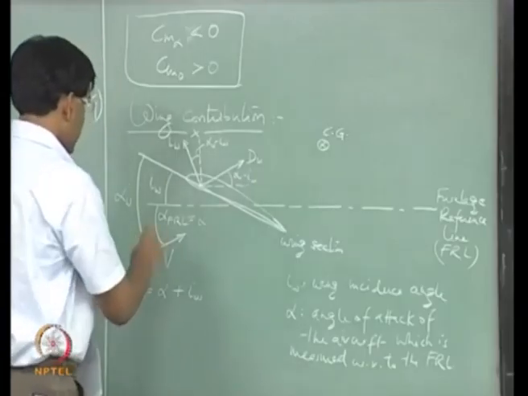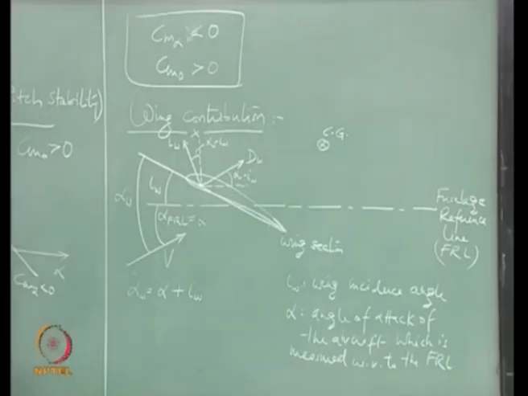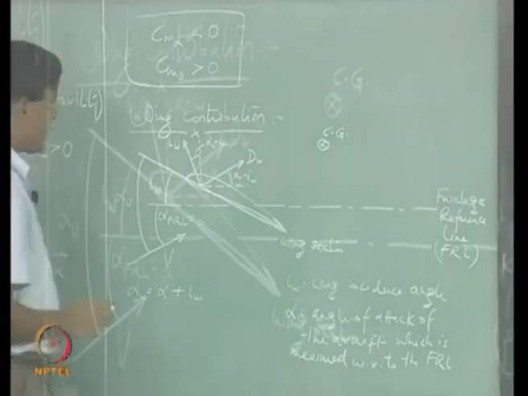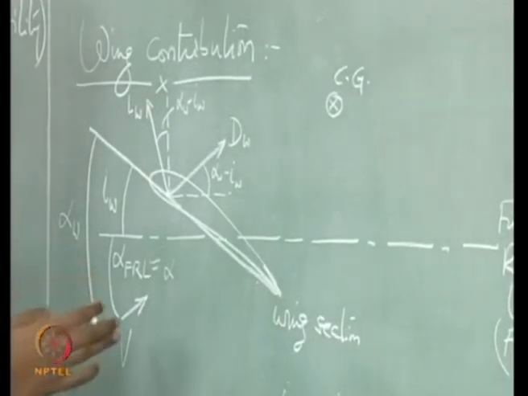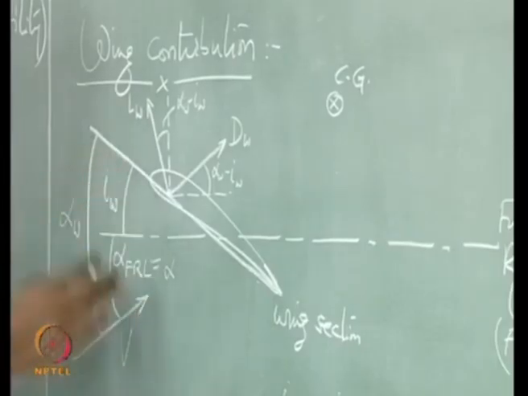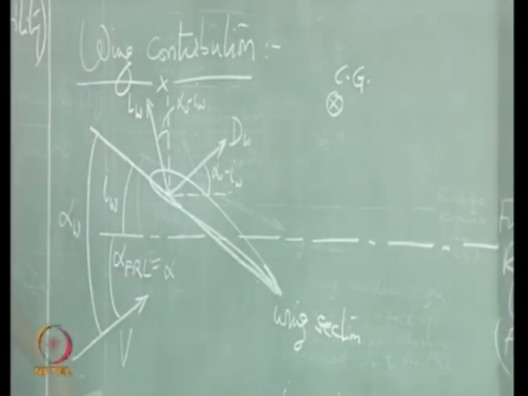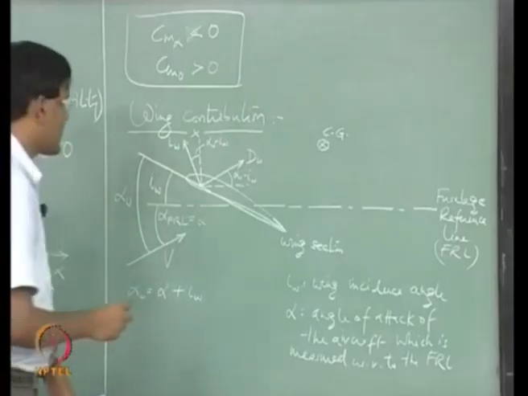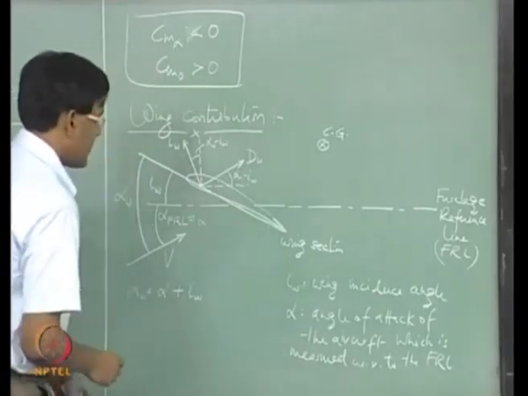In this formulation, or in general, the distances on the aircraft are measured with respect to the wing leading edge, as far as the static stability analysis is concerned.